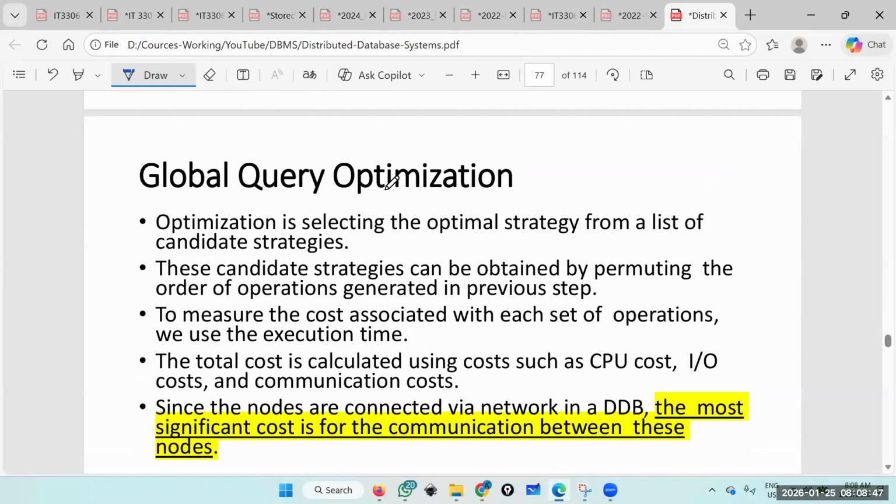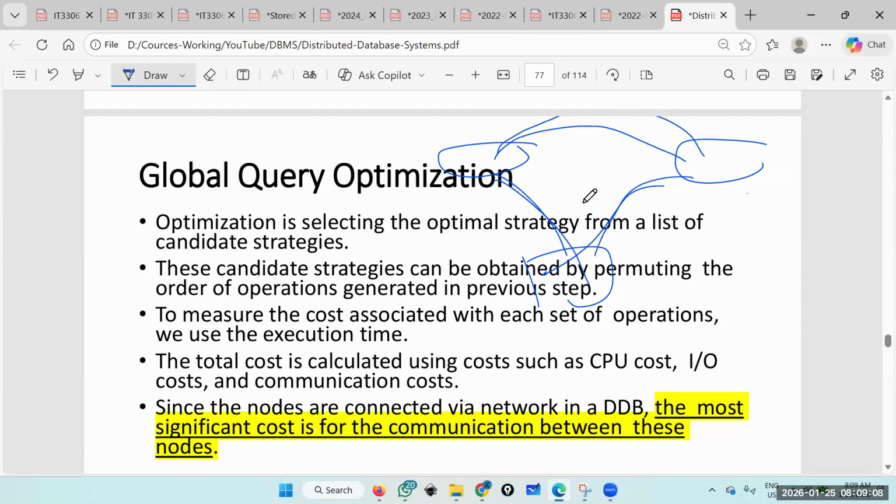That is to reduce the data transfer. Rather than taking two data sets from here to here, can't we take this data to this site, do the join, and take it back? Or take this data to there, do the join, and take it back? That kind of decision you need to take.